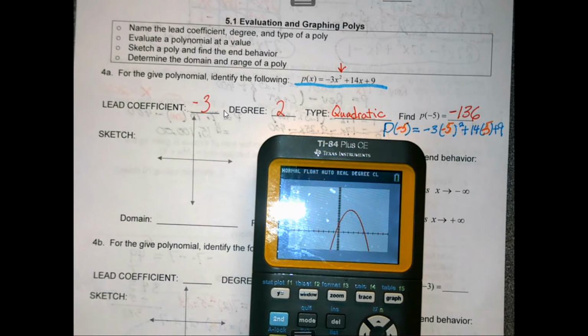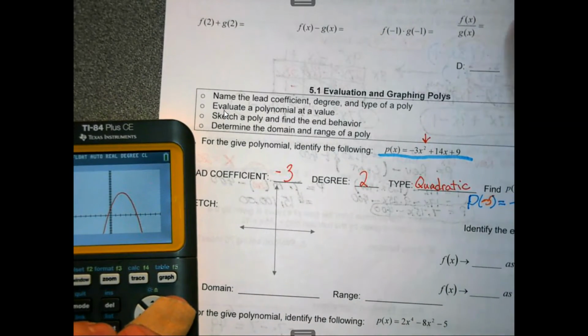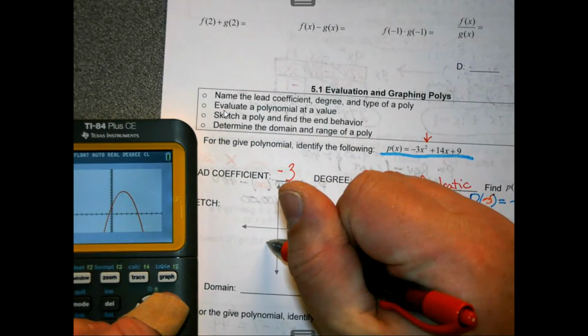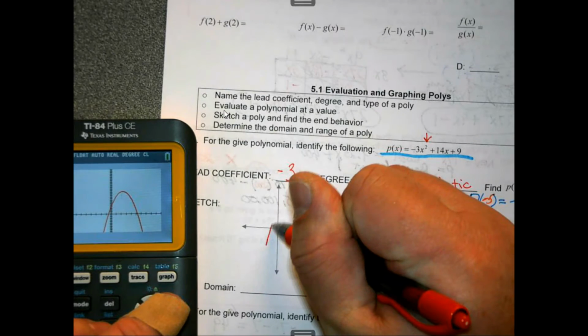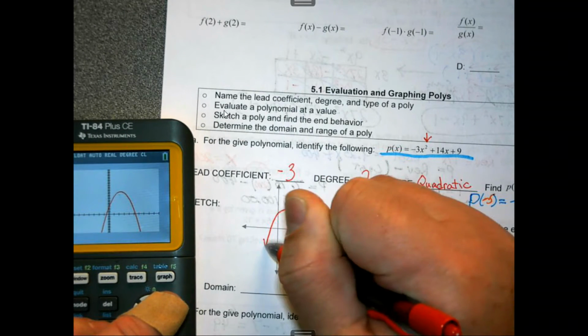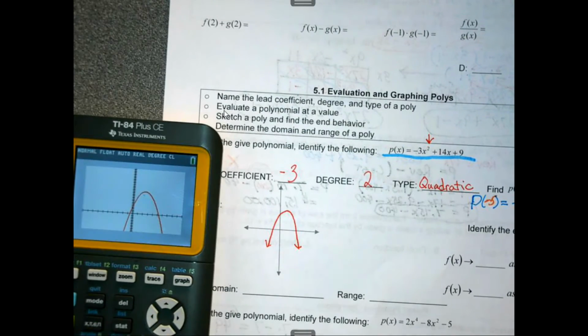So it's a parabola looking like that. I'm going to sketch this. Opens downward. Something like this. Okay, that looks pretty good, huh?